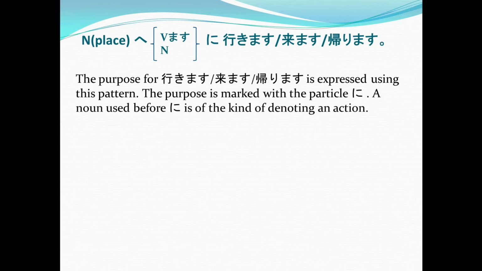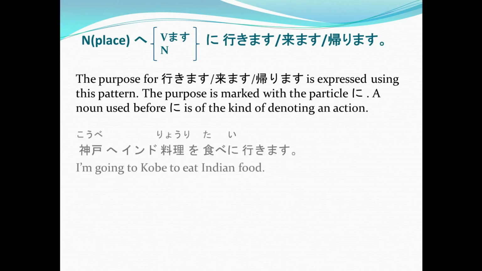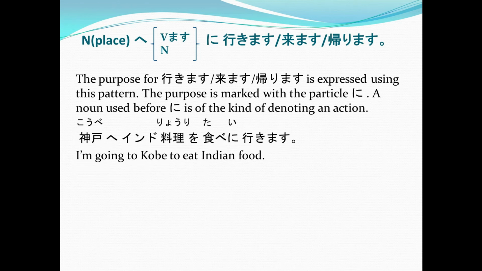This means that whatever your purpose is for going home or coming to a certain place is expressed with the masu form of the verb. So let's take a look at this example for you to better understand this. The first example is Kobe de indo ryouri o tabe ni ikimasu.